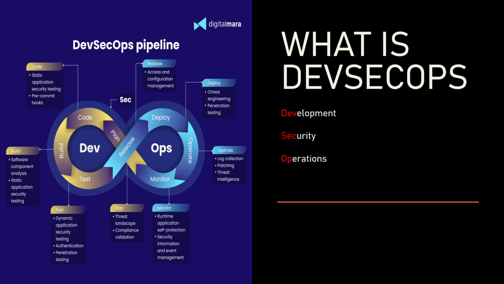So DevSecOps tries to implement security in all of these steps rather than waiting for something to go wrong and then going in and having to fix it or having to find these vulnerabilities. DevSecOps makes the teams work closely together so that we can have software that runs almost flawlessly.